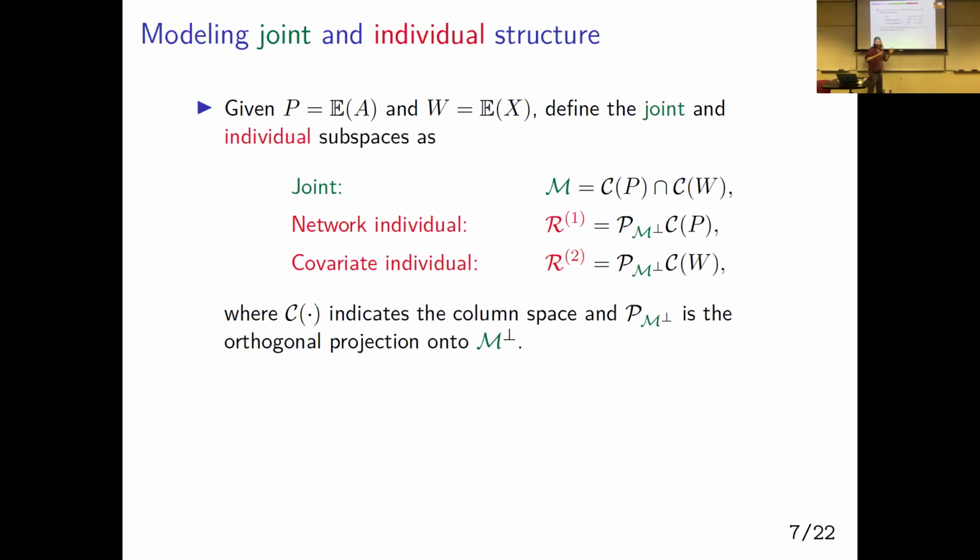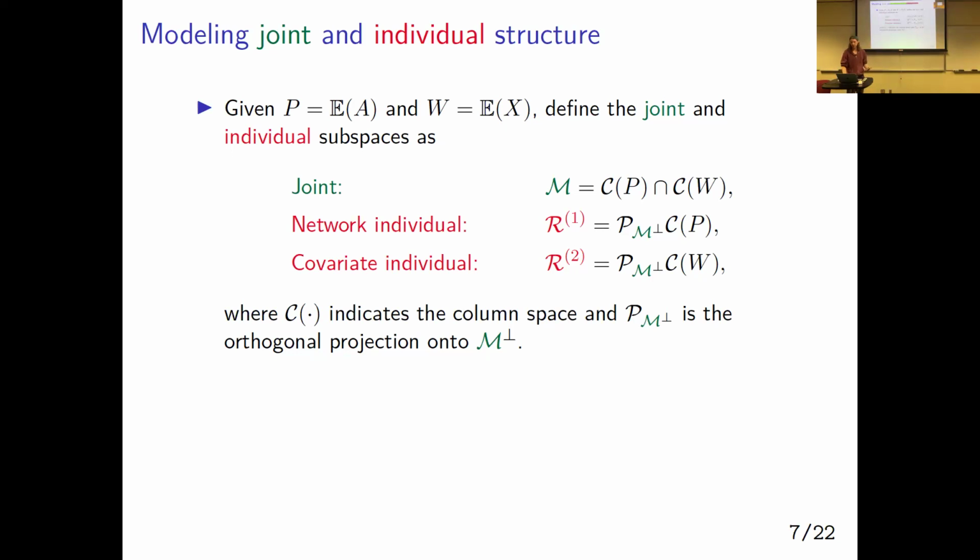This is the stuff that's unique to the network. Do the same exact thing for your covariates: take the stuff in the W column space that's not in the joint, so it's unique to the covariates. So these are the joint and individual subspaces. This is the first step.